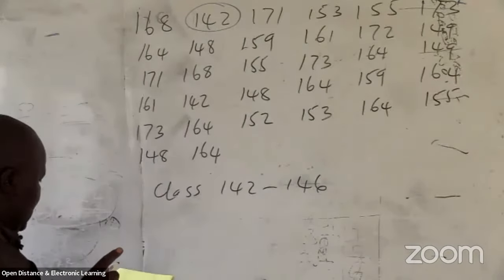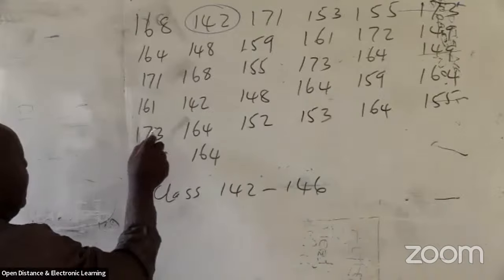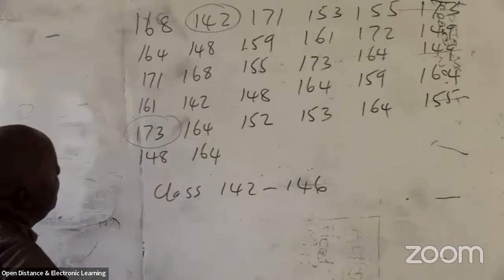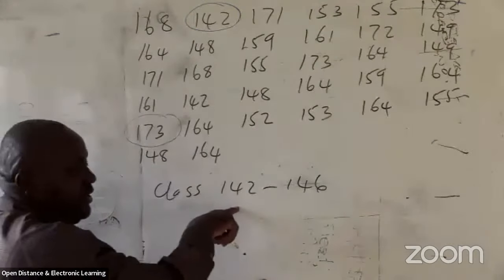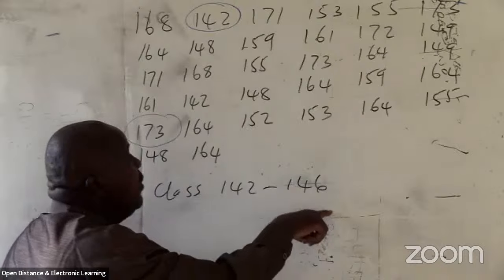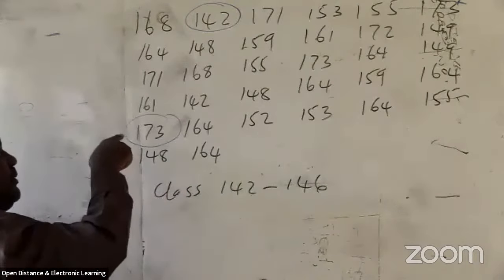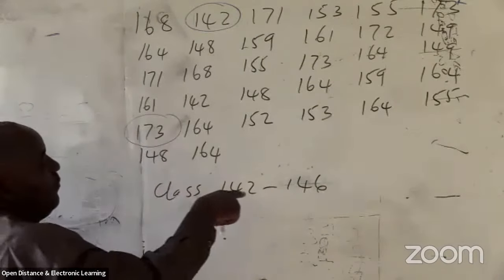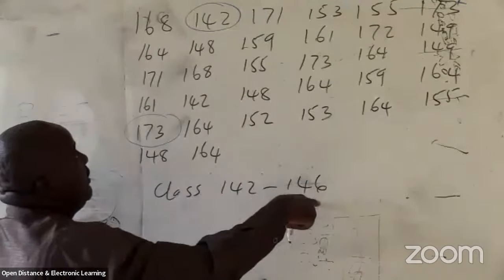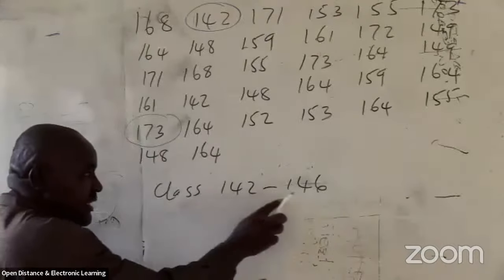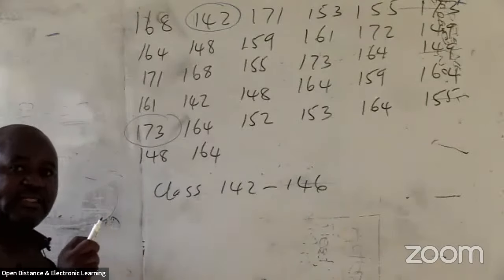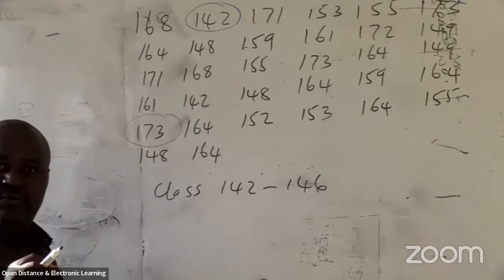The highest here is 173, if I'm not wrong. So we wish to have this interval so that we capture up to the highest. We have already 142 to 146, where 142 is the least. So looking at this, you realize that the class size is 5.